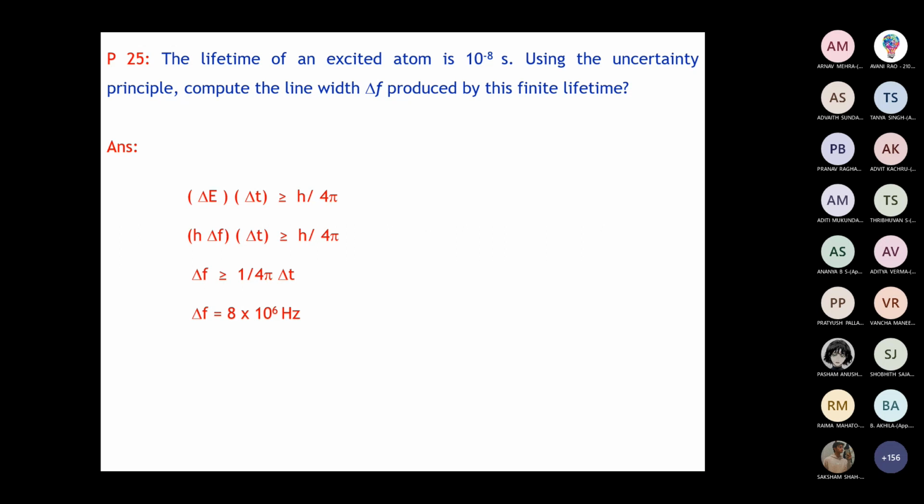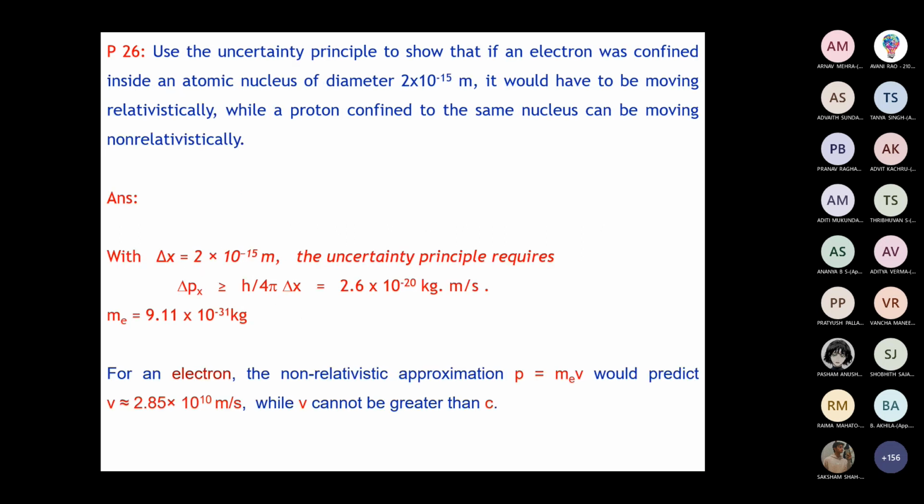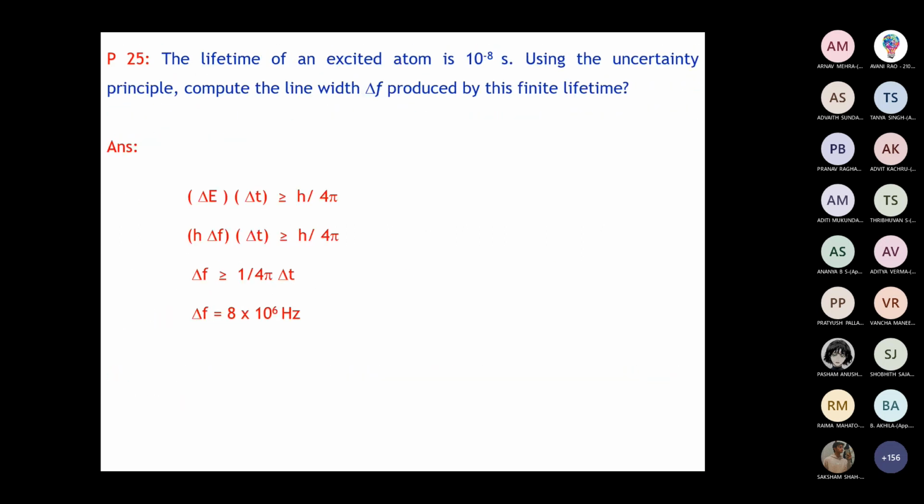So you have delta f as 8 megahertz. Sorry, due to the mathematical editor problem the symbol is displaying as P. It is not P, it is h by 4 pi. Since I am sharing from OneDrive, there is some problem with the equation.